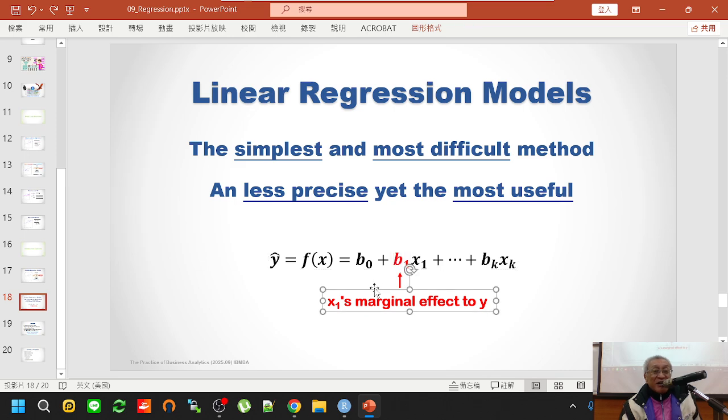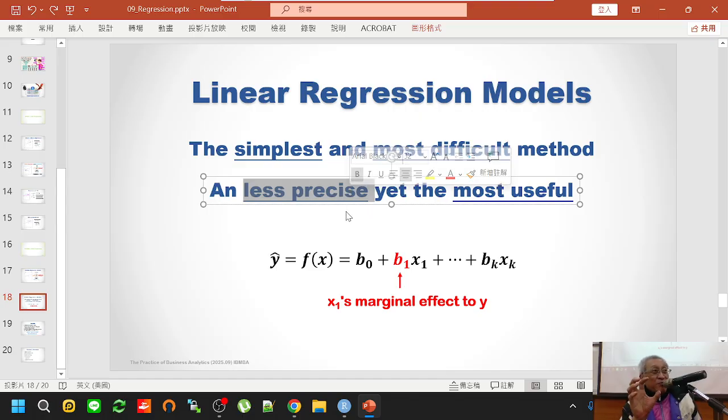But the difficulty is that, because of its simplicity, it is less precise, okay? If you want a very precise model, you better choose a machine learning model or an artificial intelligence model, right?